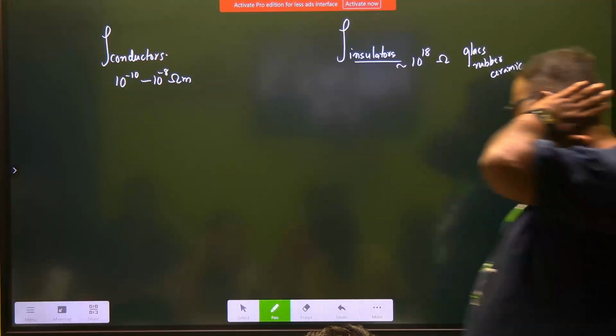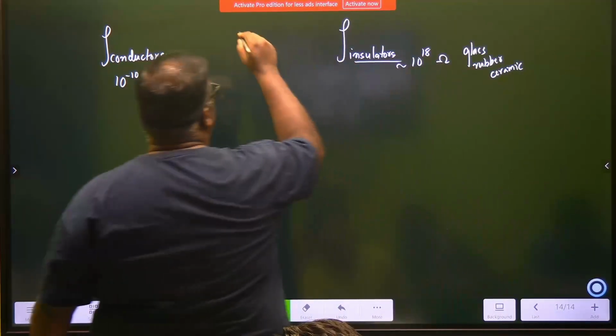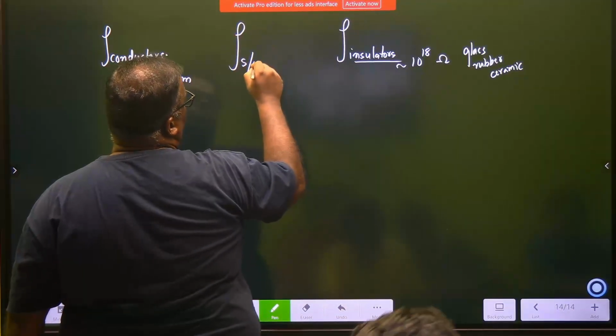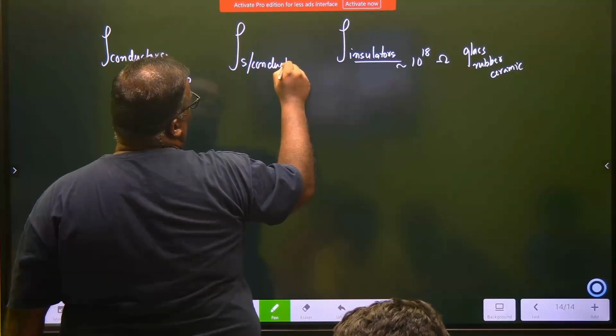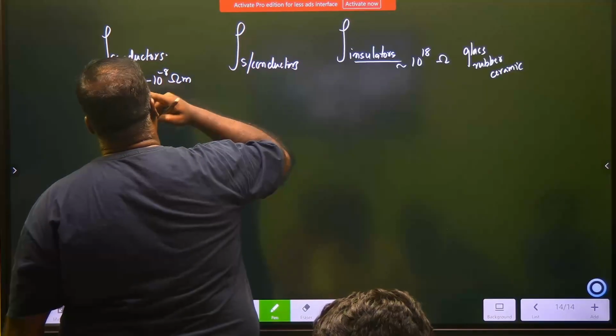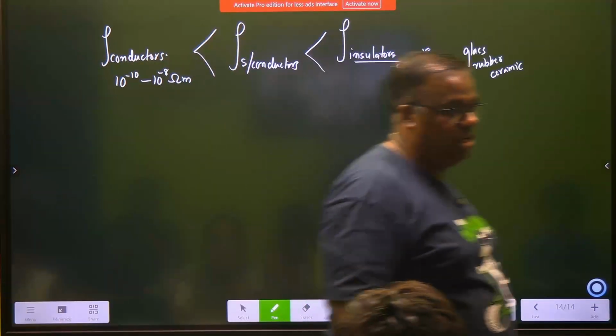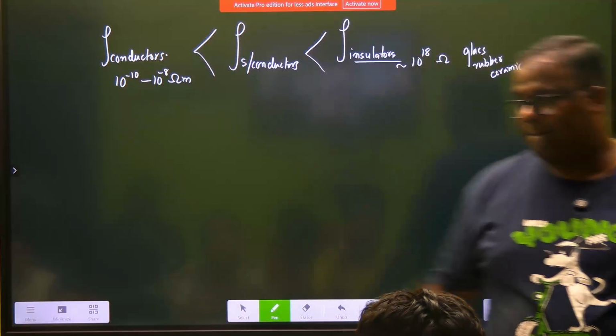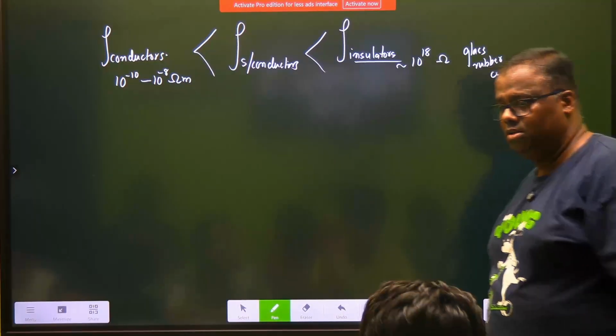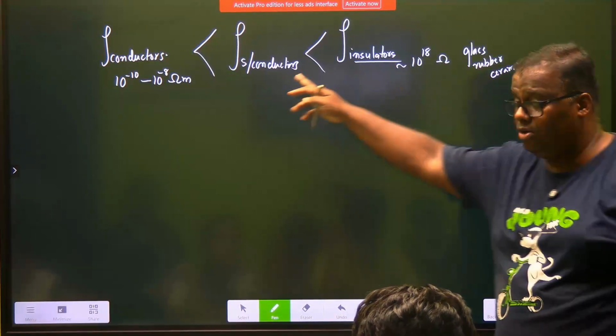And somebody who is in between, that is semiconductors. The resistivity of semiconductors is always in between that of insulators and conductors. Silicon is not an insulator. Silicon is a semiconductor.